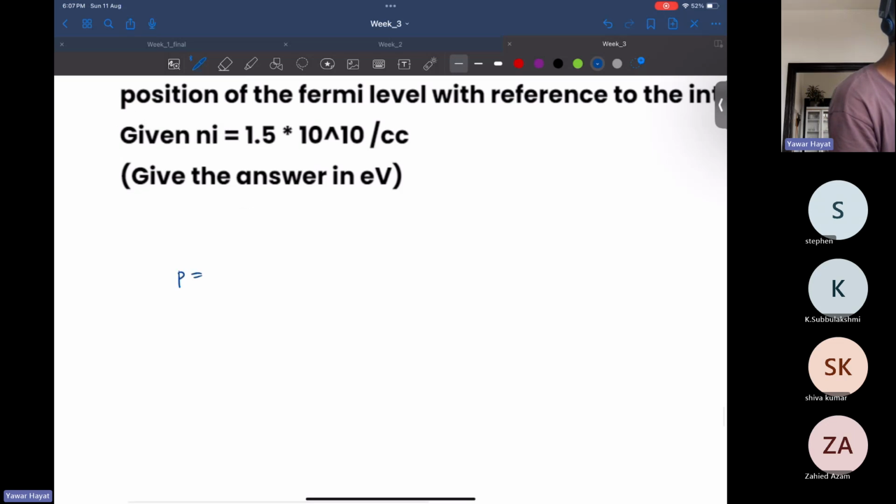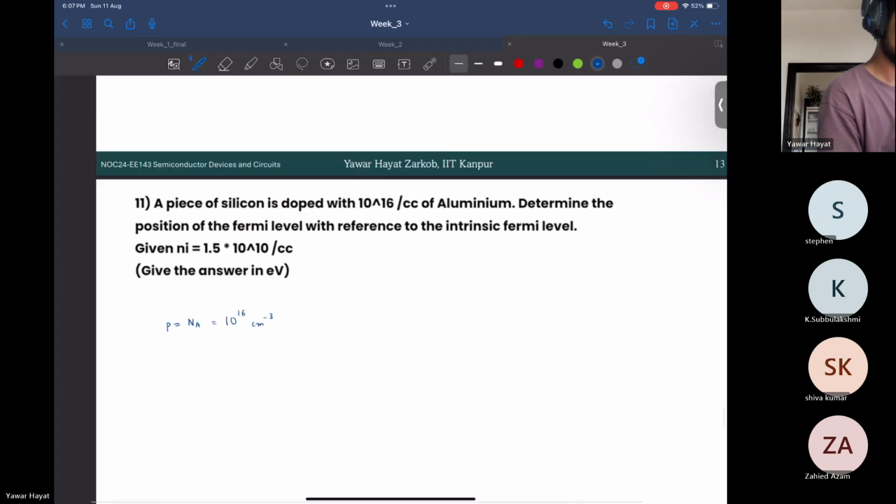So we are given that p is equal to Na, that is equal to 10 to the power 16 per centimeter cube, right? But we know from the equations that we learned that p is also given by ni exponential of (Ei minus Ef) over kT, right? So what is then Ei minus Ef?